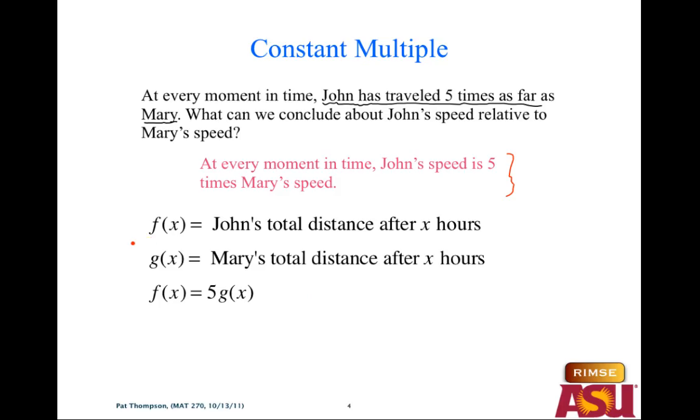How can we write that as a function? Oh no, we just want to rewrite this statement right here, that John's speed is 5 times Mary's speed. So that's right, r sub f of x is John's speed. So what's the mathematical statement for this right here? Right. So that second statement in red is this one here.